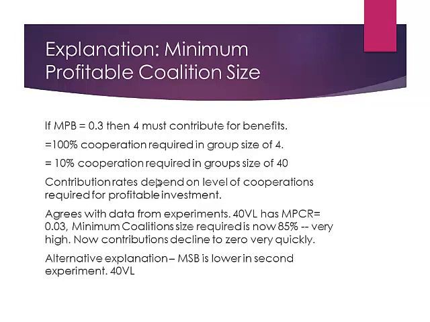So in a group size of 4, your benefit becomes 1.2. If you have a group size of 4 and your marginal private benefit is 0.3, then you need 100% cooperation.